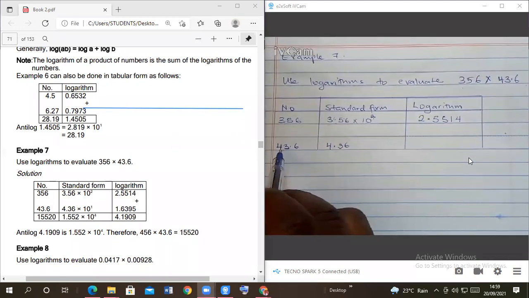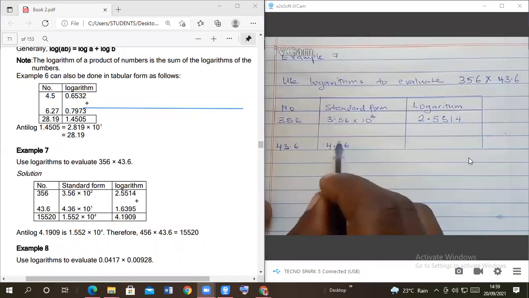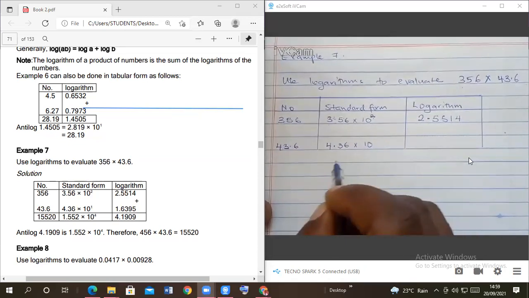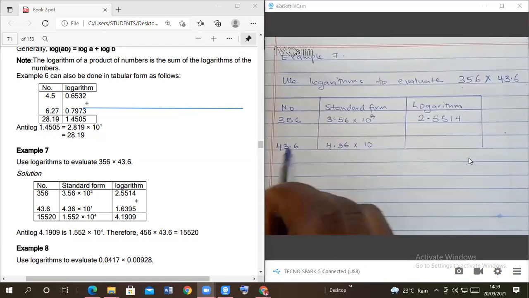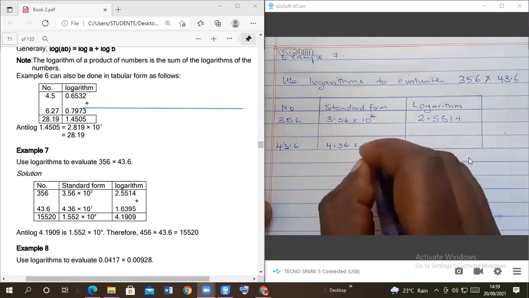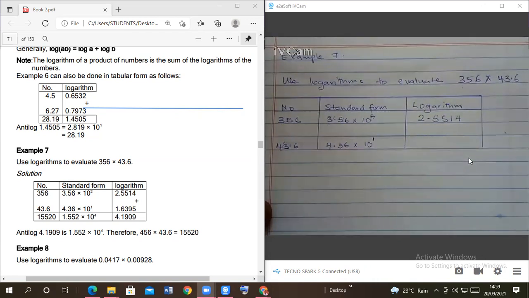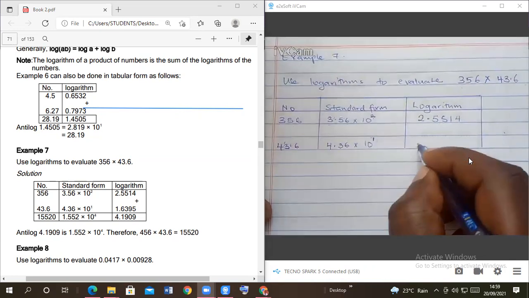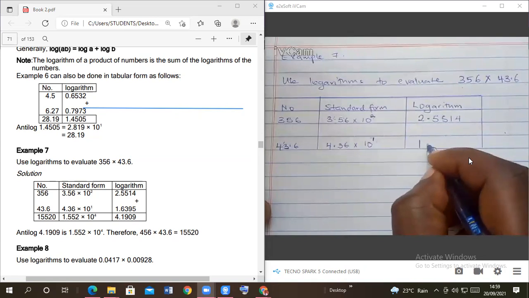To how many decimal places is this written? It is 1, because you have moved from here only one step. So we have to the power 1. And we shall write it here as 1, then point.